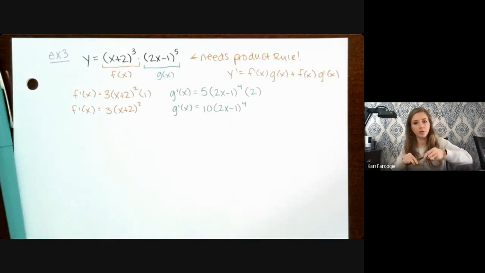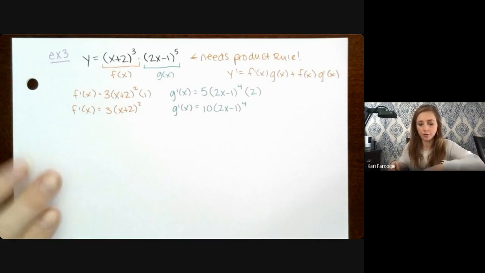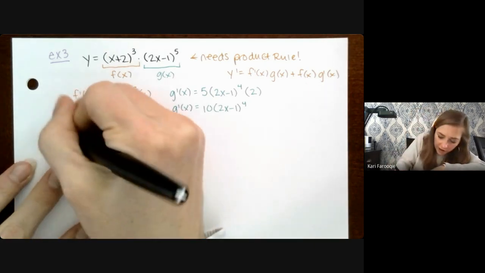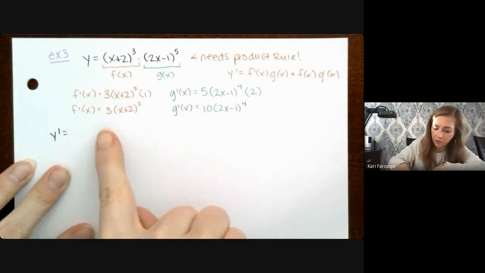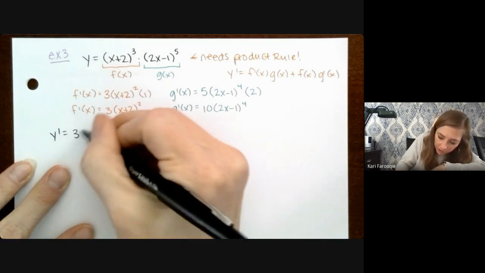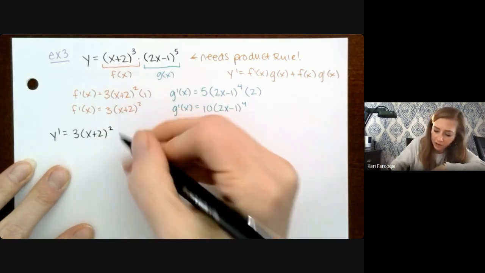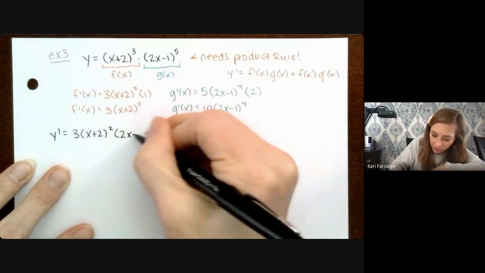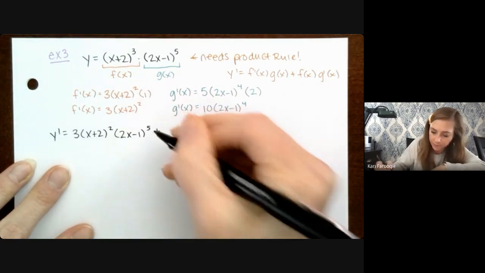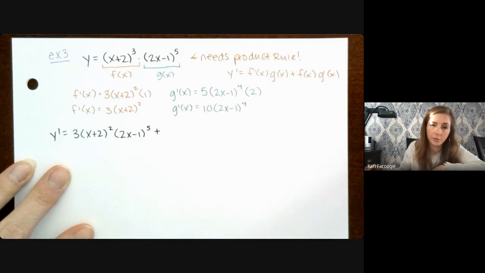All right, we're going to put this together using the product rule. So we have y prime equals f prime g. So 3 times x plus 2 squared, that's f prime. And then g is 2x minus 1 to the 5th. Plus, and then we'll take f g prime.